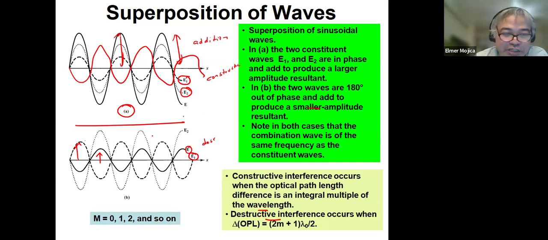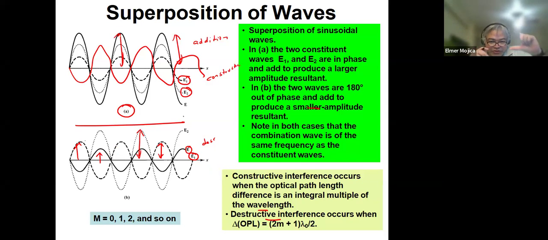Why didn't we notice it here? Why is this not completely zero? Anyone? Because if you look at E1, its amplitude is not the same as E2.